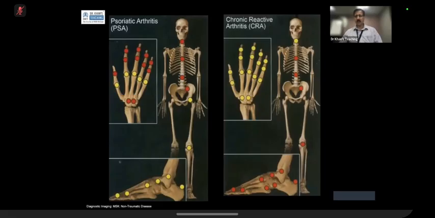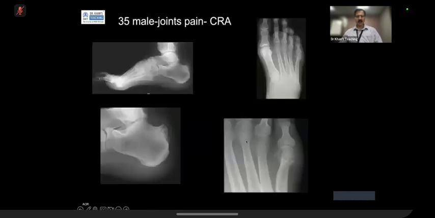Then we came to know that females can also be involved. Urethritis is replaced by cervicitis in females. Key point to remember is that foot is more common than hand. And this is a case of CRA, chronic reactive arthritis.